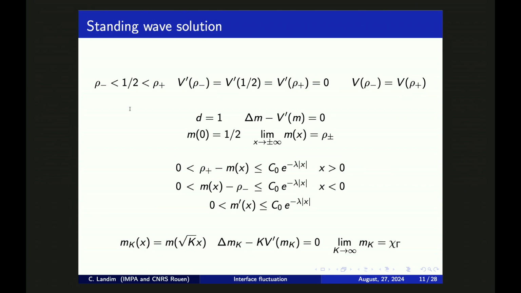This means that everything happens on a scale of size 1 over square root of k. So this equation will go from rho minus to rho plus in 1 over square root of k. This is the important scale in this model.